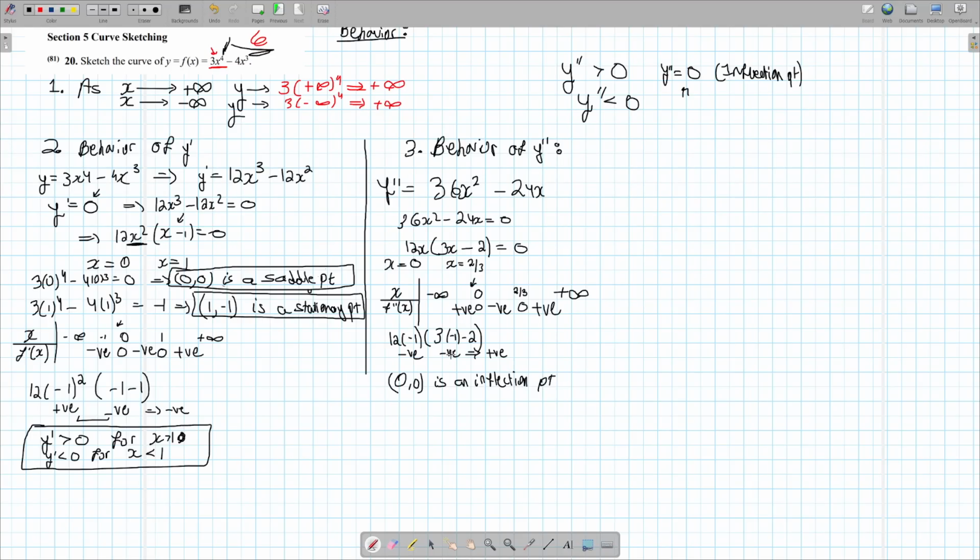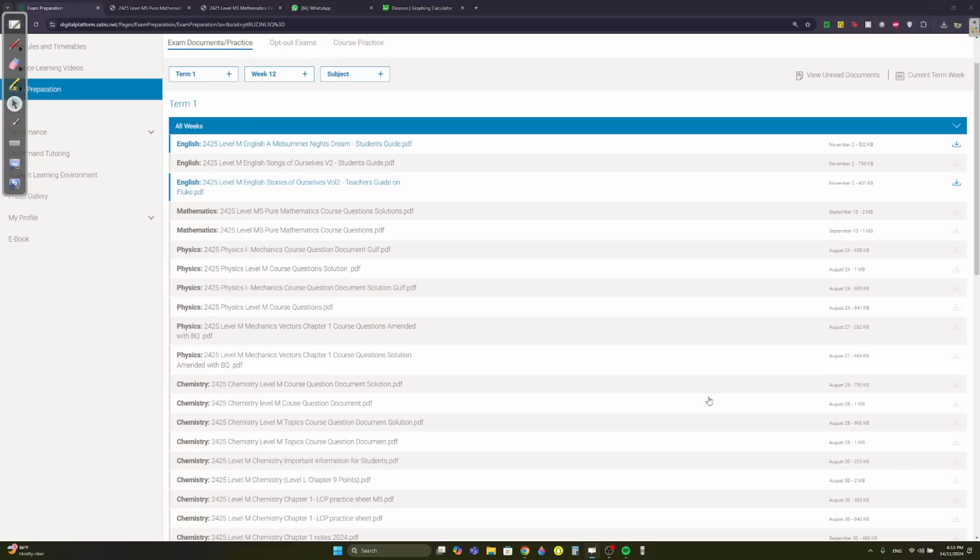And also we need to know 2 over 3. How much is y at 2 over 3? So you go back, 2 over 3, comma what? We go back and substitute 2 over 3 to our original equation. 3 times 2 over 3 to the power of 4 minus 4 times 2 over 3 to the power of 3. I'm just going to do this in a calculator.